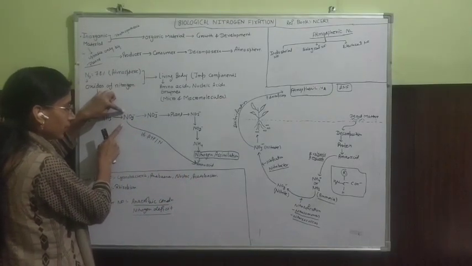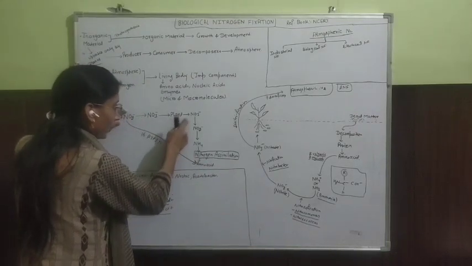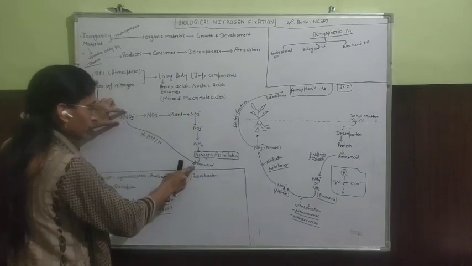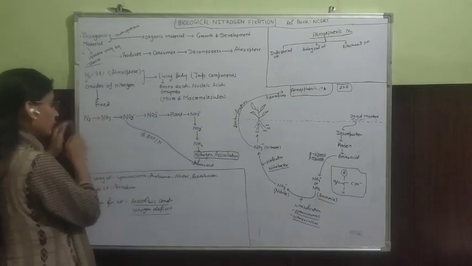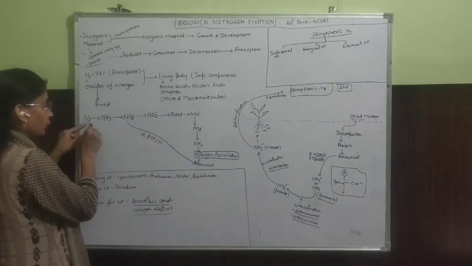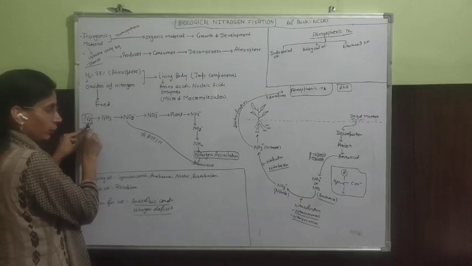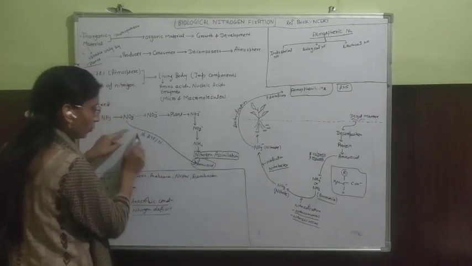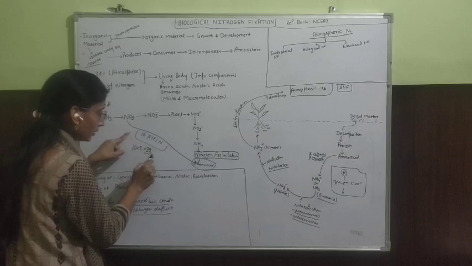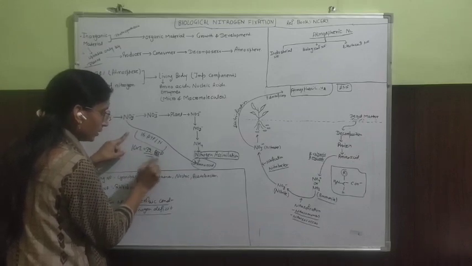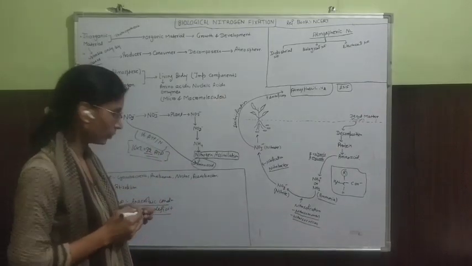When this is converted into amino acid by the plant body, this whole process utilizes 16 ATP per nitrogen, because there are 2 nitrogen elements trapped into this amino acid. So in total, 16 into 2 means 32 ATP. That's why this is an energy consuming process.